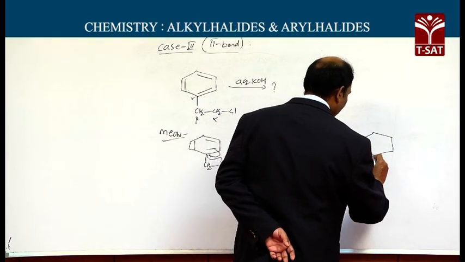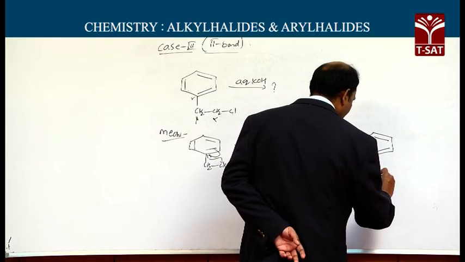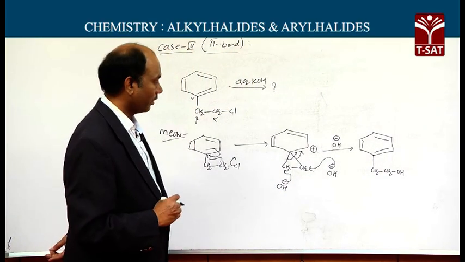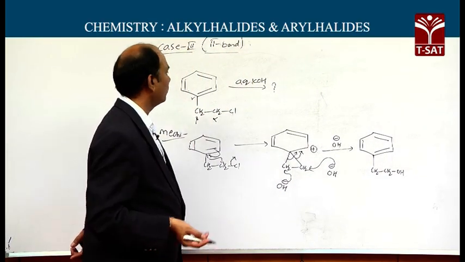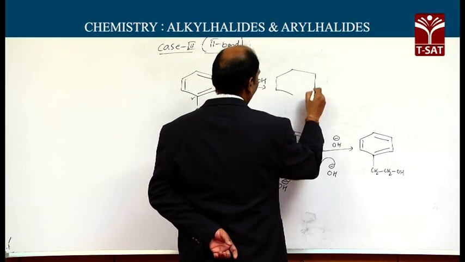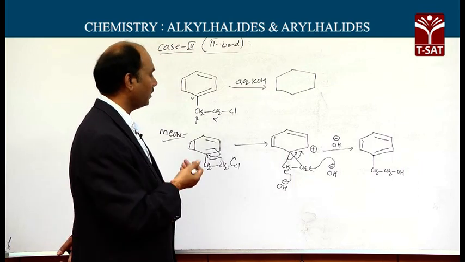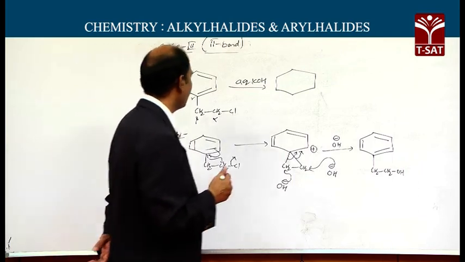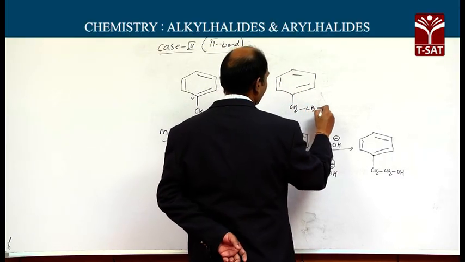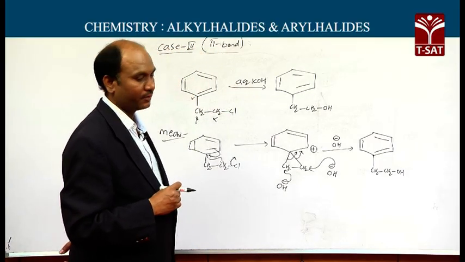We get CH2, CH2OH. So this is also neighboring group participation, not only a heteroatom, the pi bond also undergoes neighboring group participation. The product is CH2, CH2OH, and this is neighboring group participation.